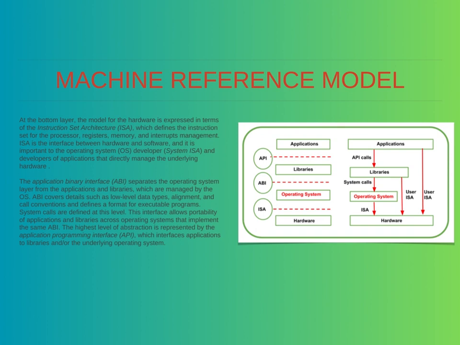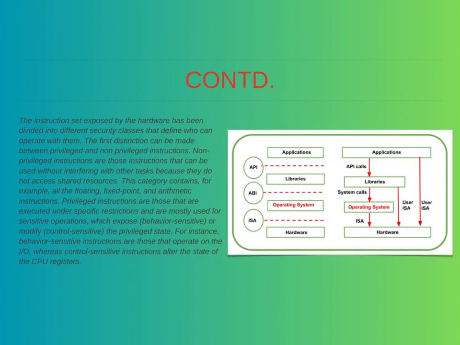The highest level of abstraction is represented by the application programming interface, which interfaces applications to libraries and/or the underlying operating system.